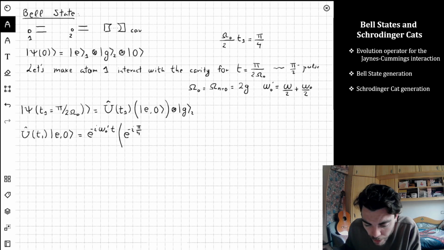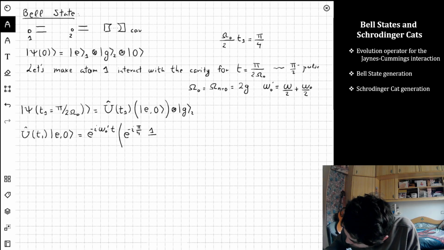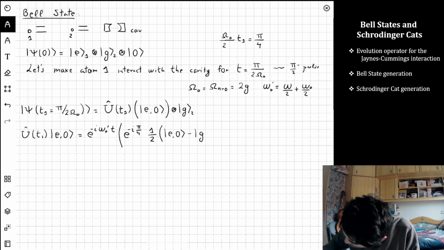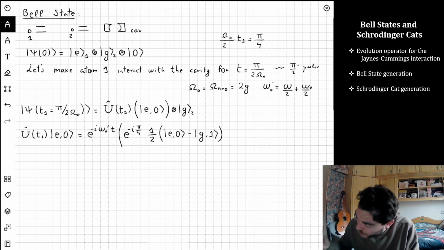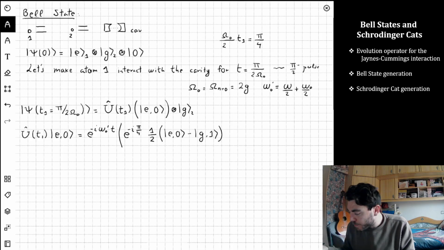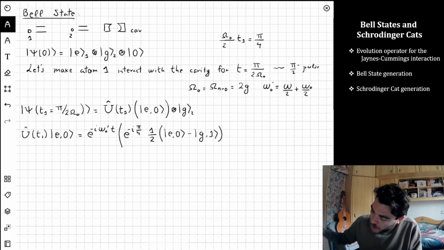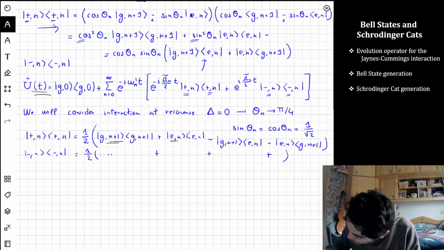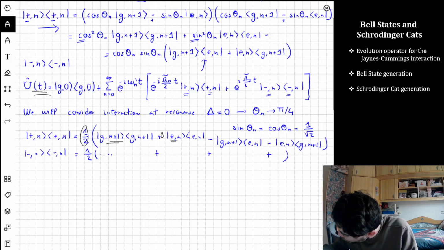That's why we get this pi over 4 here, and now we have 1/2, and the only terms that survive are E0 and the minus G1. Why is there this G1? It would be nice to see it. Sorry for that. So the E0 comes from this term, so this gives the 1/2, and the other with the minus sign comes from this term, which is the cross term.